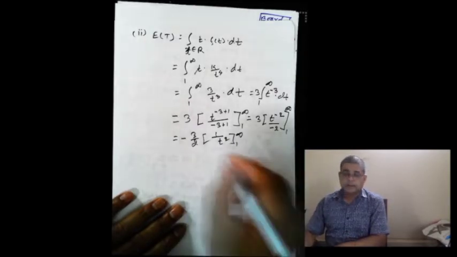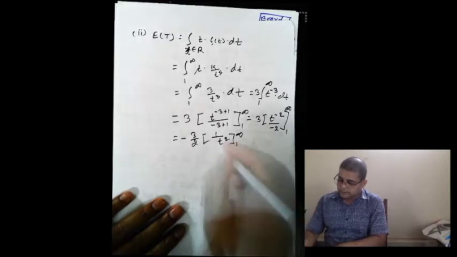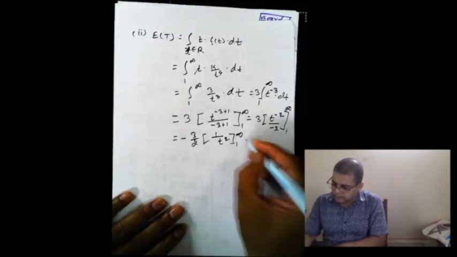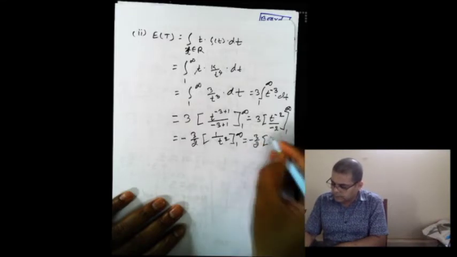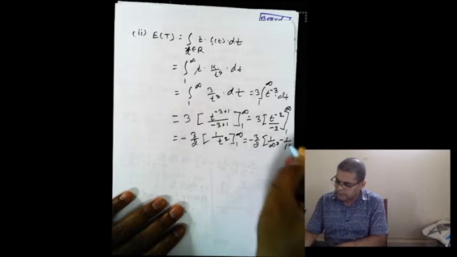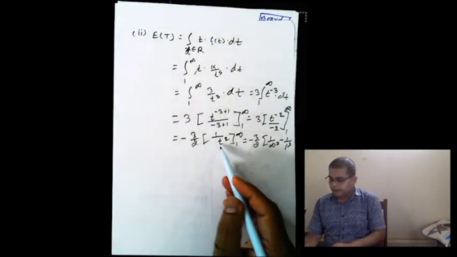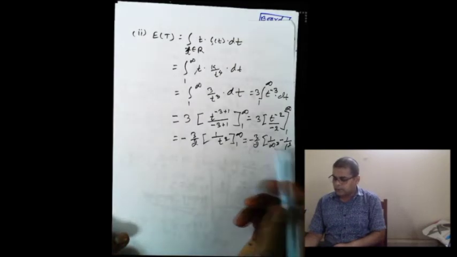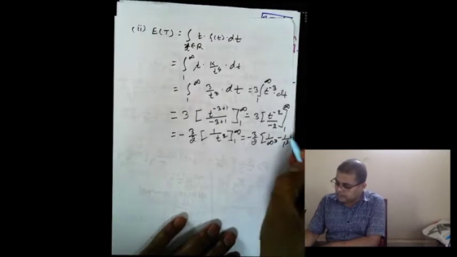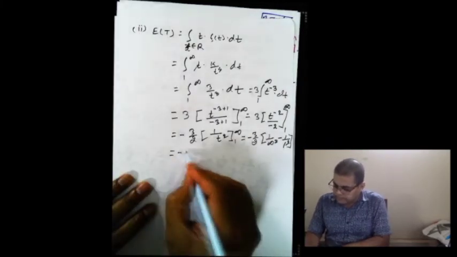Now just apply these limits in this result, so it is negative 3 by 2 times 1 by infinity square, minus 1 by 1 square, because one time you put the upper limit for this variable and another time the lower limit, and in between them there is a negative sign.